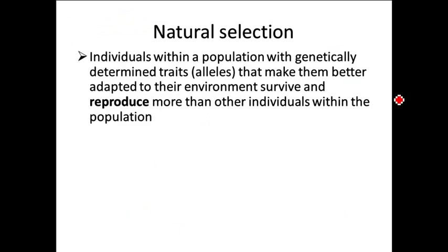Okay, so natural selection, to summarize in words, means that individuals within a population with genetically determined traits, meaning alleles, that make them better adapted to their environment, survive and reproduce more than other individuals within the population.